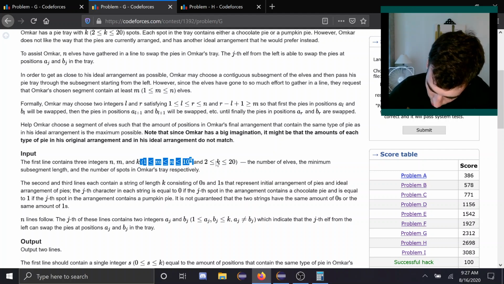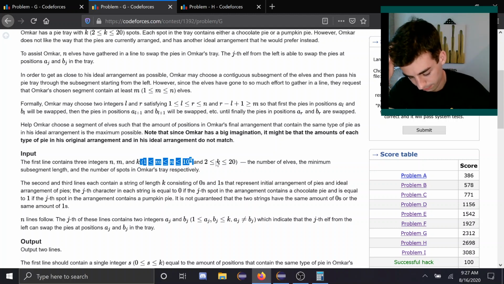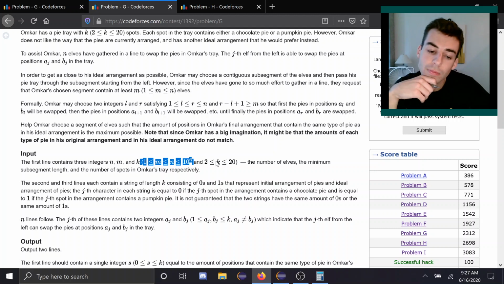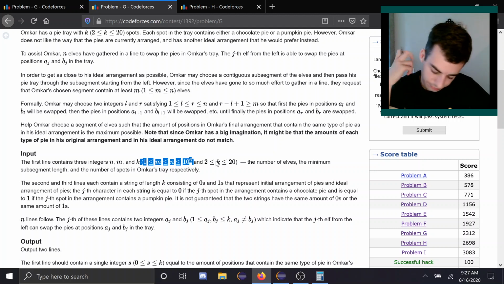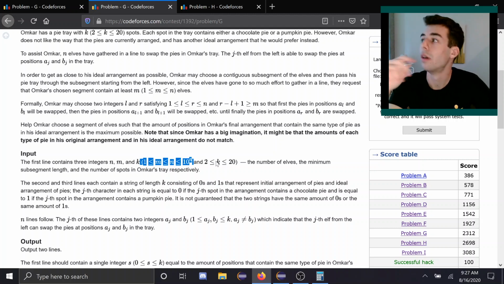That'll leave us with this range here. We do some number of permutations, and we invert them.